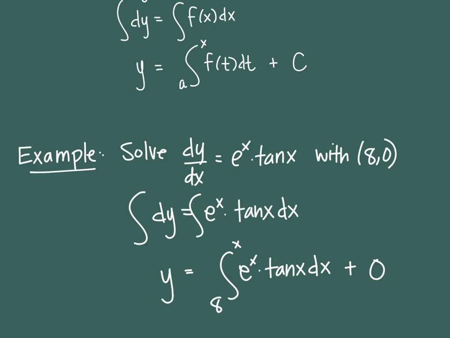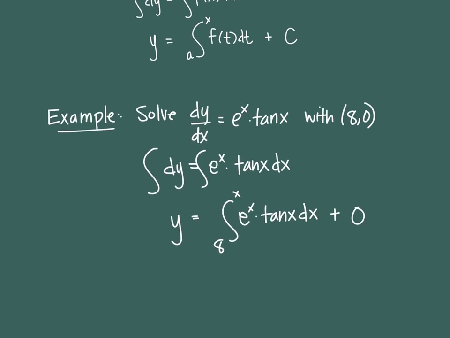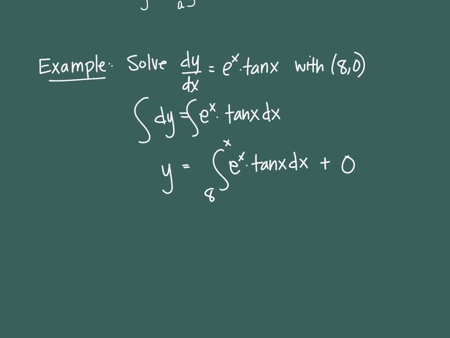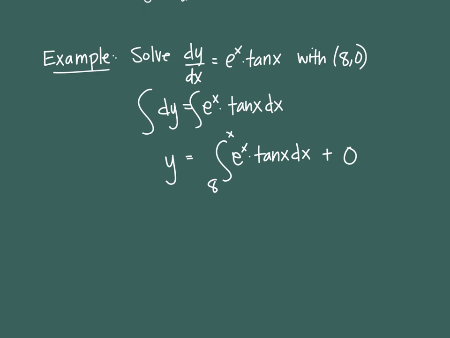You're just going to set it up and leave it like that for now, because you don't know how to do the antiderivative of e to the x tan x dx, and we don't have an upper bound, so we can't use a calculator to solve that. I'll show you how to do that with a calculator on a different day.